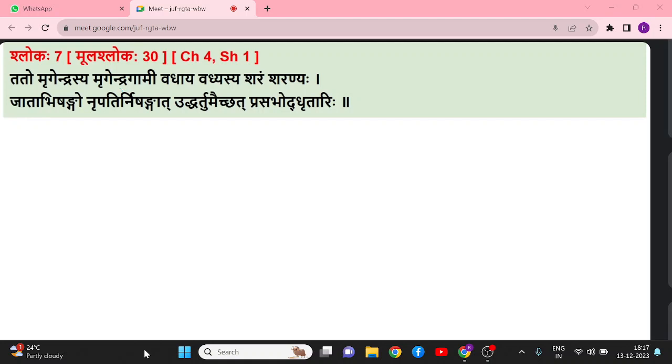Mrugendragami: atra sandhi nasti, samastapada va. Mrugendra is mruganam indraha, mrugendraha, ekam padam. Gami also. Mrugendravat, like mrugendra, gantum sheelam yasya saha mrugendragami. Astu, bahuvrihi then.